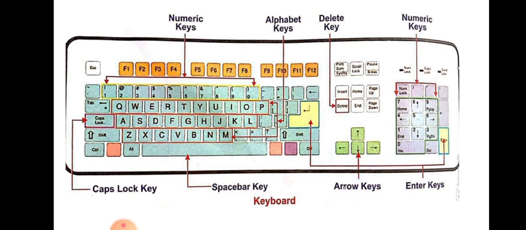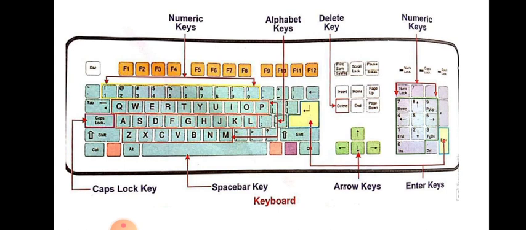Now, alphabet keys, they are 26 in number, and you can type letters, words and sentences with the help of these keys. They are not given in alphabetical order, but you can build typing skills if you practice.